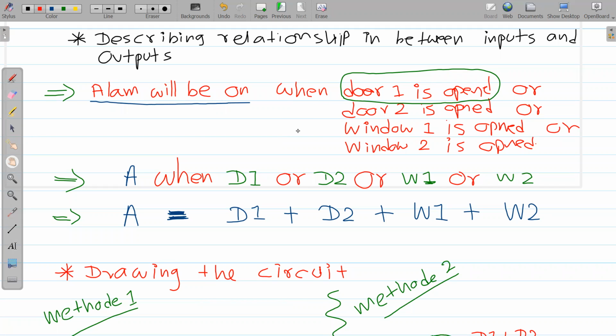More down, please. Drawing this up. Anyone who is still writing?